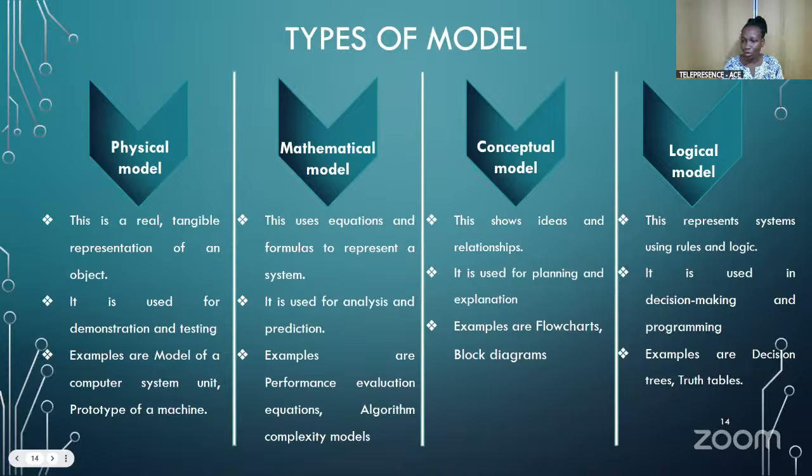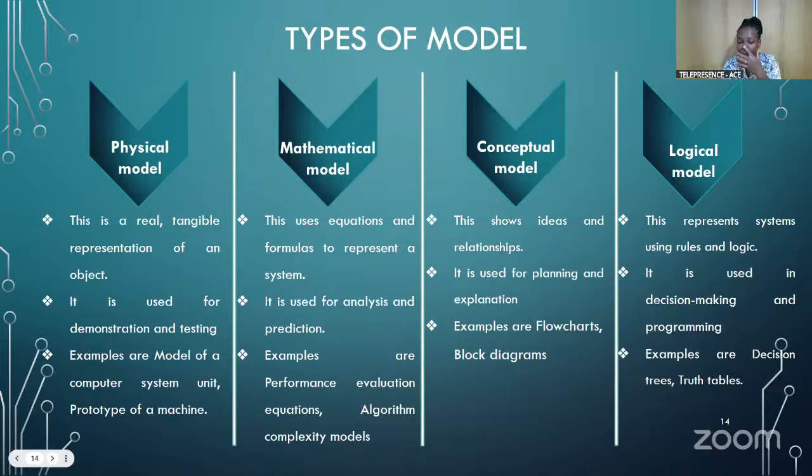Now we also have what we call the logical model. They represent systems using rules and logic. They are used in decision making and programming. And examples are decision trees, truth tables. Even if you don't know decision trees, I know you're conversant with truth tables. Now, they are all logical models because when something is logical, you know, it can be either true or false.